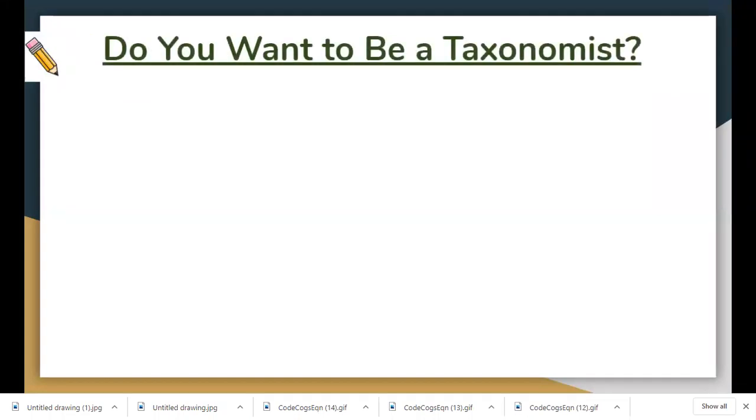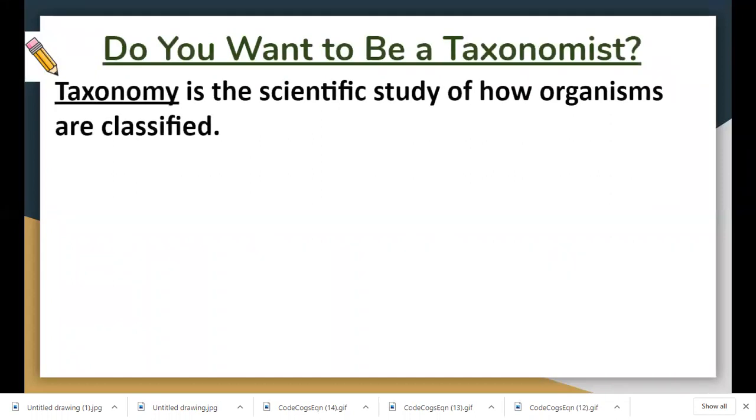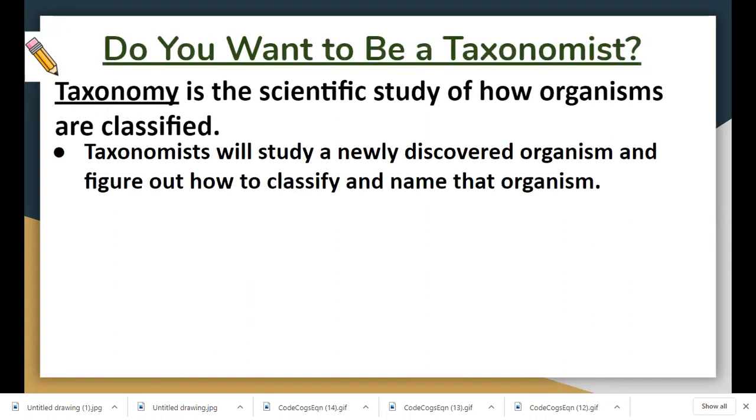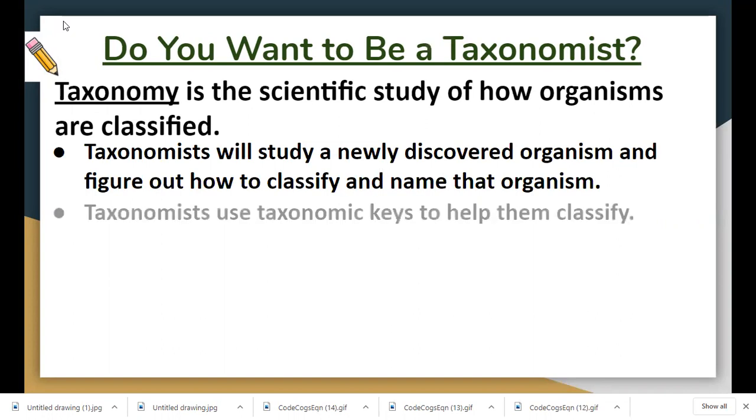Do you want to be a taxonomist? Taxonomy is the scientific study of how organisms are classified. Taxonomists will study a newly discovered organism and figure out how to classify and name that organism. Maybe that's something that interests you. Taxonomists use taxonomic keys to help them classify.